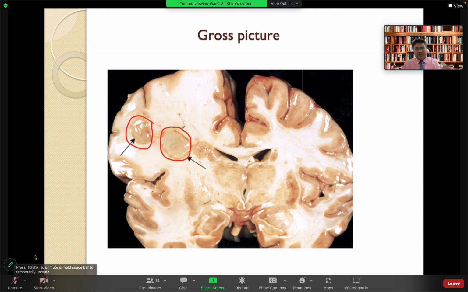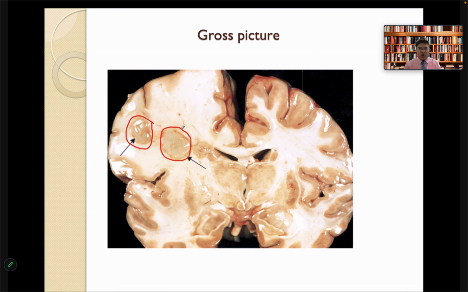So these are well demarcated lesions, and if you pay attention, at the border you will find there is a brown ring around these lesions, and if you look carefully, you will find the central area is a little bit depressed. In this area, you will find a slight depression. So what does it indicate? This depression indicates that there is central necrosis, right? Because of the necrosis, that area has got depressed.